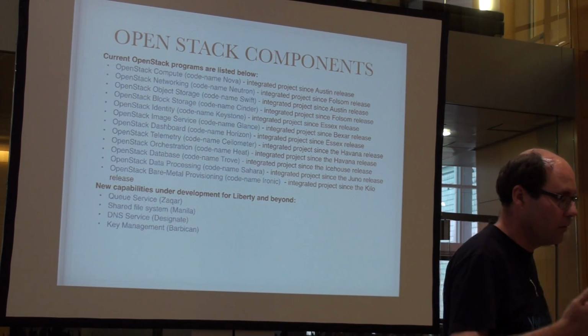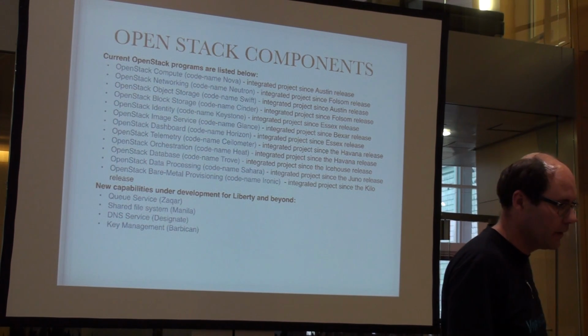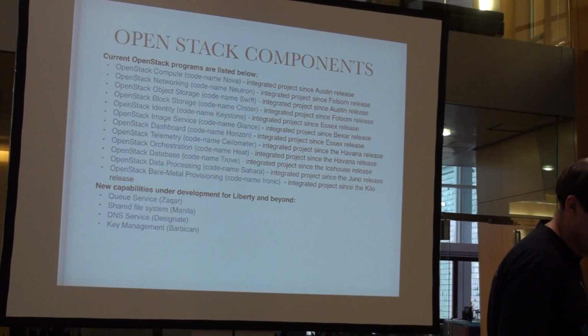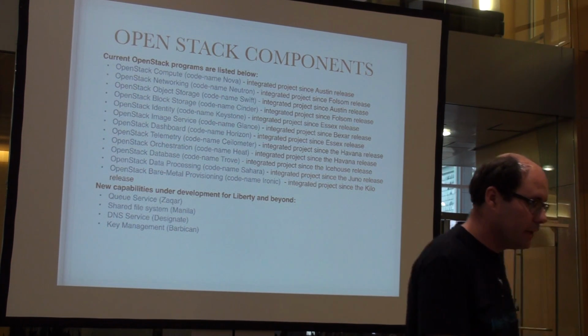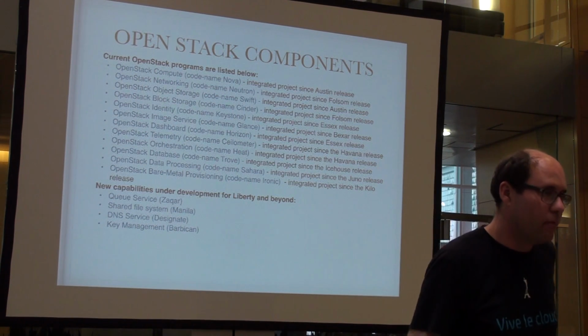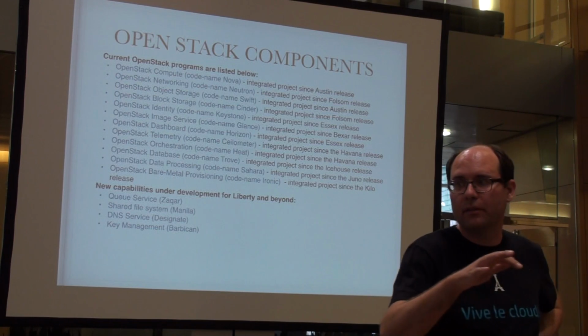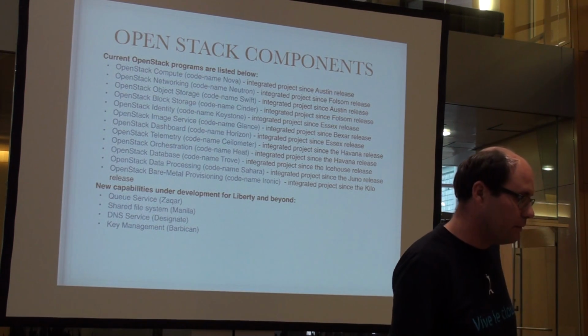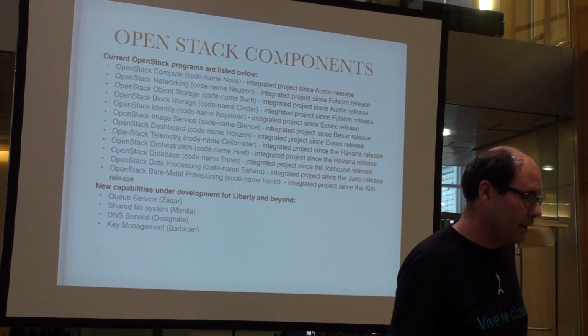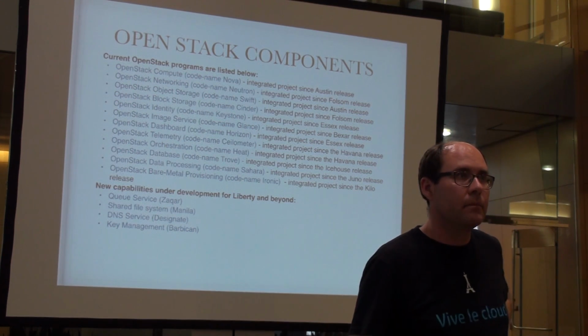They have compute, networking, object storage, block storage, identity, image, dashboards, telemetry, heat, orchestration. They put everything in there. They're also keeping adding capabilities, so they meet twice a year, and every time they have new stuff, like now they have queues, a shared file system, a DNS service and key management.